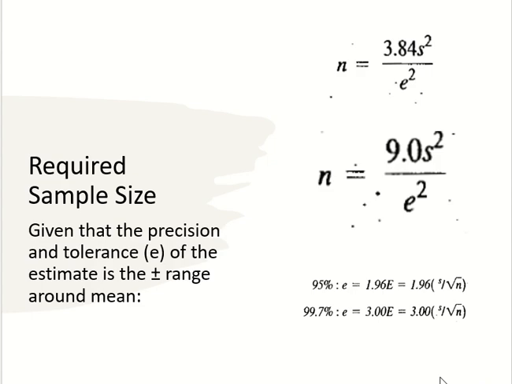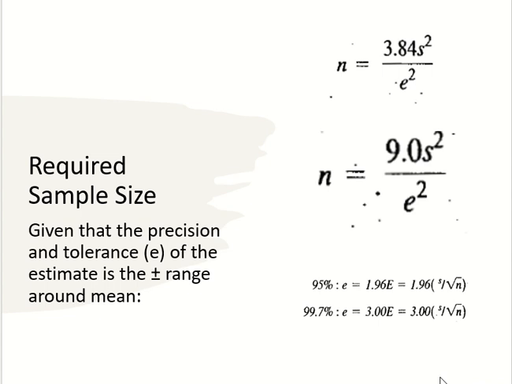What else do you need? A standard deviation. From where will I get the standard deviation? I need some values, right? Those values you have collected in the first submission. So you will use those values to find out your standard deviation. Okay, and yeah, the constant. Should I use 3.84 or should I use 9?